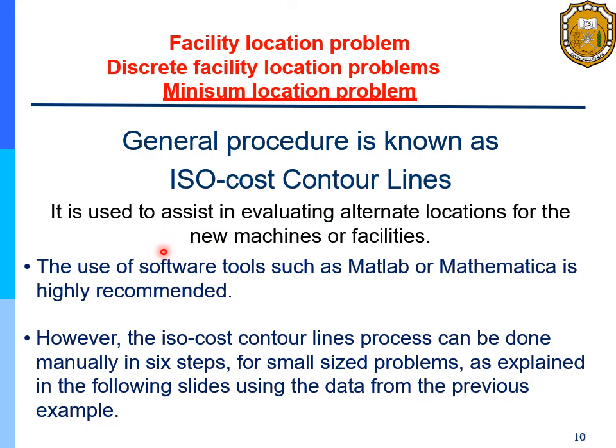Again, let's consider the case where you cannot locate your facility at the optimum location that you identified by the procedure. In this case, how can you find an alternative location? You can use the concept of iso-cost contour lines. This way, you can find alternative locations, the second best and third best, instead of the optimal solution.